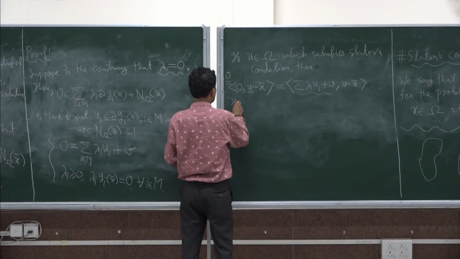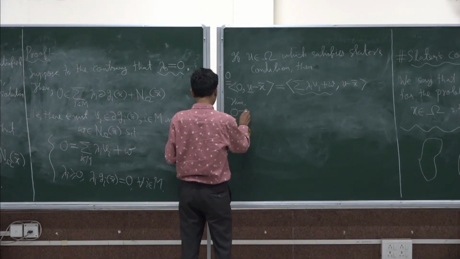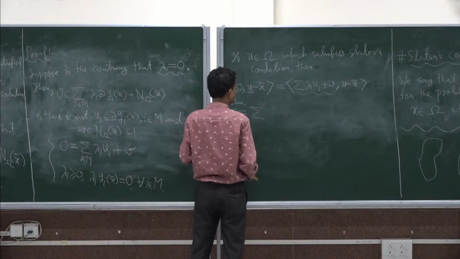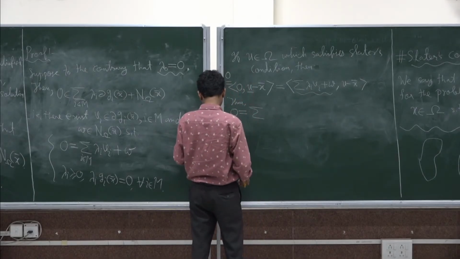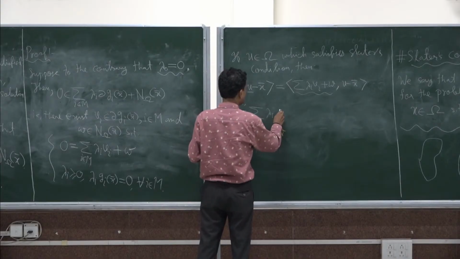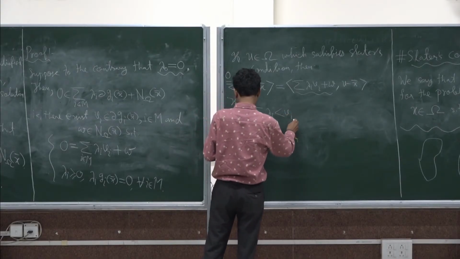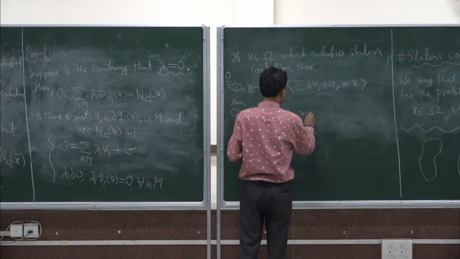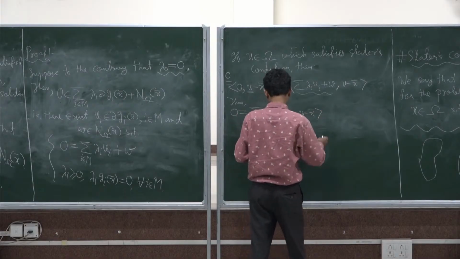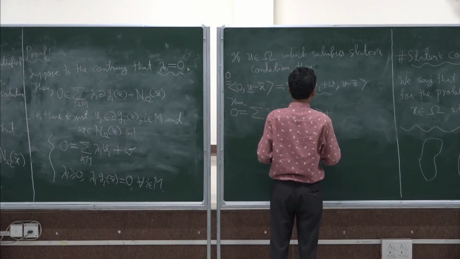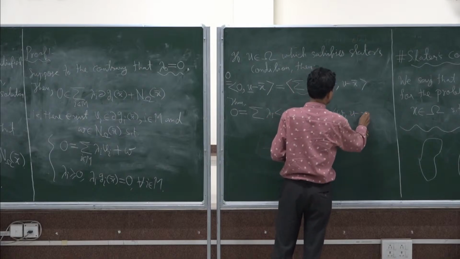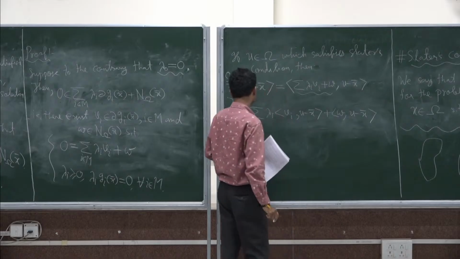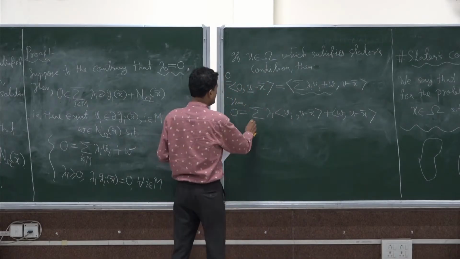So this can be written as 0 is the summation. Being an inner product, we can write it like lambda i inner product of vi with u minus x bar, plus omega, u minus x bar, right? i is in m.